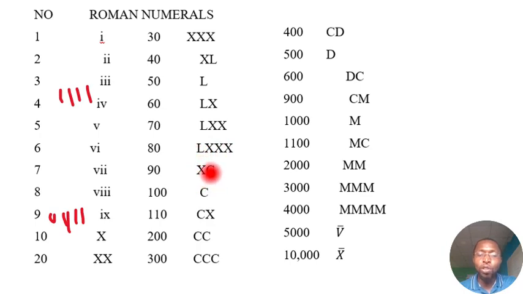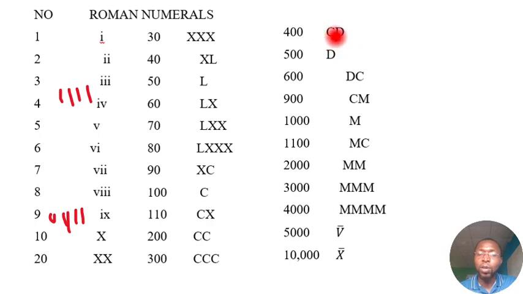90, we're going to be 100 minus 10 because 100 is C. So it's going to be XC. And then 110 will be CX, okay? 200 will be CC, right? 100 plus 100. 300 will be CCC. That's 100 plus 100 plus 100. 400 is going to be CD, that is 500 minus 100. D represents 500.